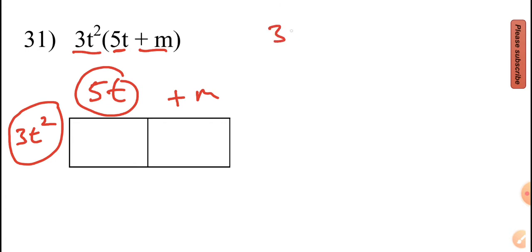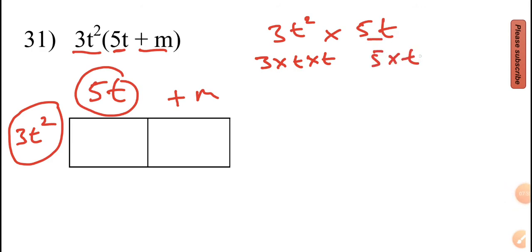3t squared times 5t. So 3t squared means 3 times t times t, and 5t means 5 times t.